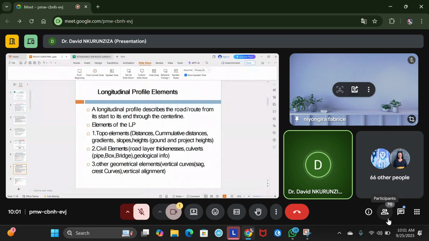So the key elements of the longitudinal profile: first, there are what we call topo elements, or topographic elements. Then there are other elements that we classify as civil engineering elements. Then there are some other elements that we call geometrical elements, just like design elements.